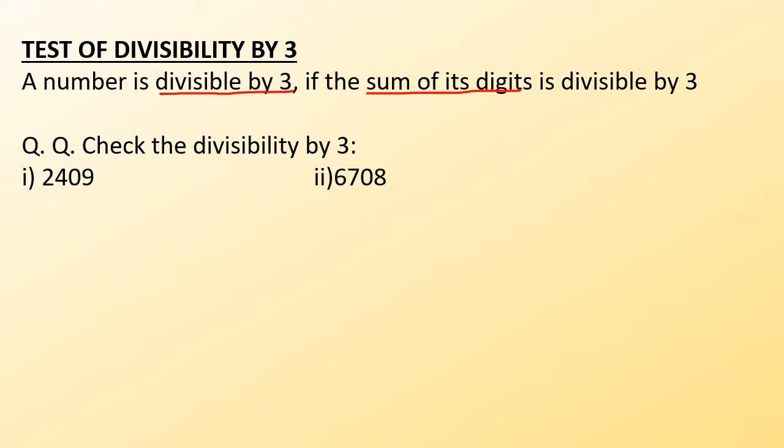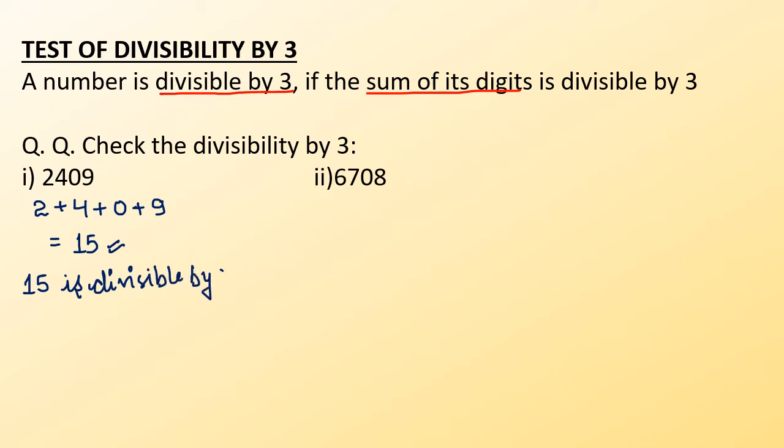We just have to add all the digits of this number: 2 plus 4 plus 0 plus 9. 2 plus 4 is 6, 6 plus 0 is 6, 6 plus 9 is 15. The sum of these digits is 15. We know that 15 is divisible by 3. So if the sum is divisible by 3, which means 2409 is divisible by 3.